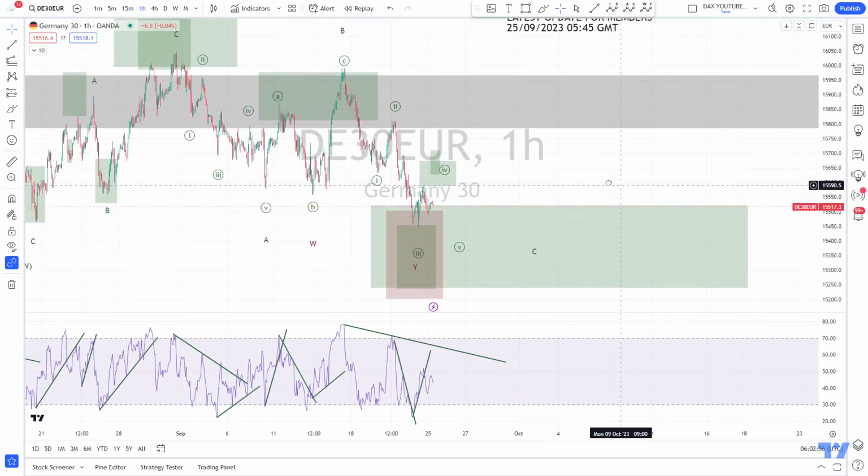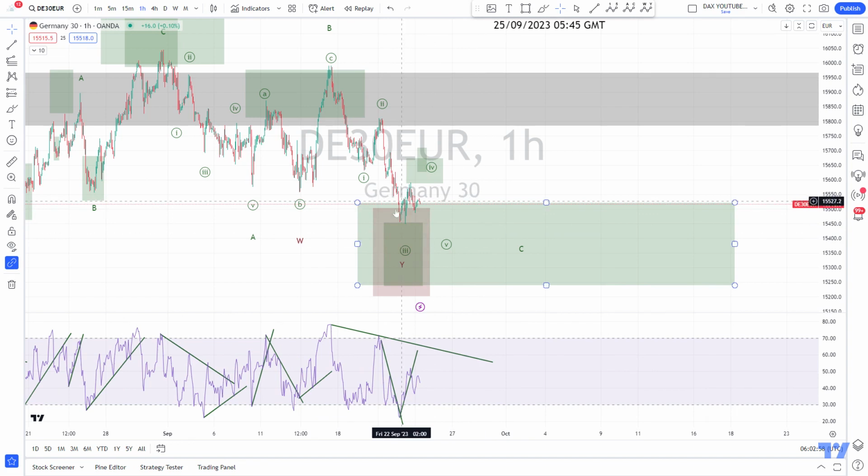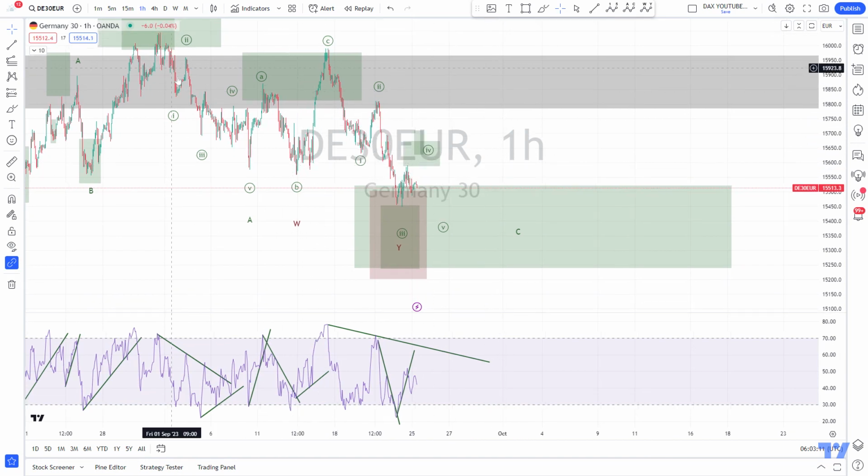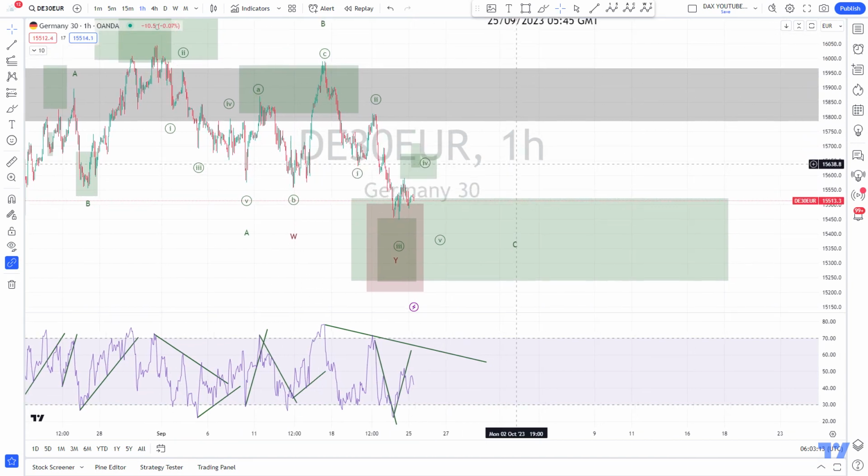So in conclusion, I would say I expect upward pressure from this area. However, for the moment, it's hard to say if this will be a W, X, Y, or an A, B, C. If it would be an A, B, C, then if we go down here again and we have our divergence, I believe this can be a nice long opportunity.